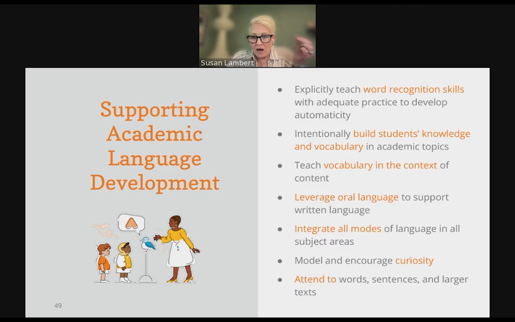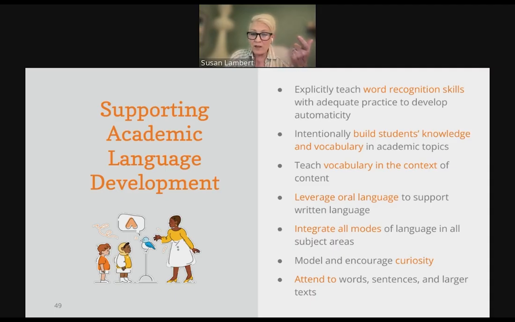Next, you need to model and encourage curiosity. You know, we don't want kids to develop academic language and knowledge just for fun of it, right? There is actually a way that we can build curiosity, and that's what we want, is we want to develop lifelong learning.